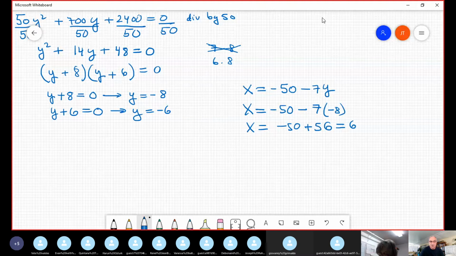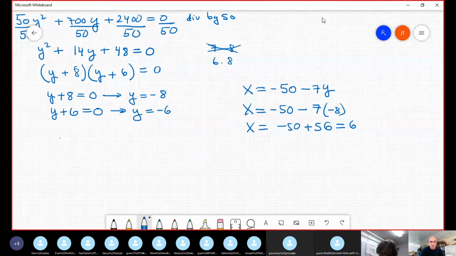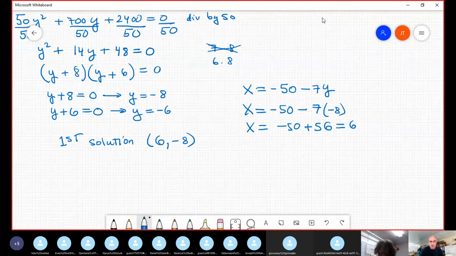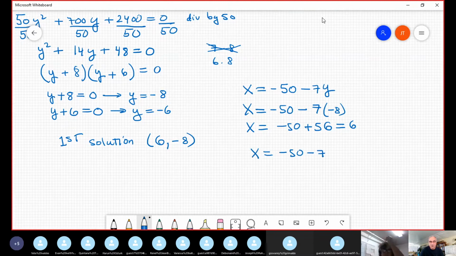Okay, so I got the first point, the first solution is the point 6, negative 8. Likewise, minus 50 minus 7 times negative 6 is 42, no? And minus 50 plus 42 is negative 8.